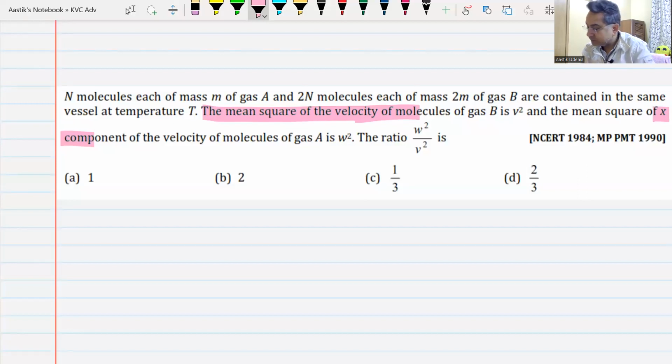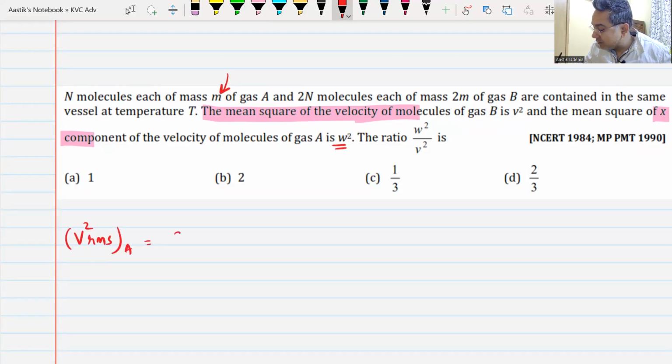So, gas A, the mass of each molecule is m. If I call the X component of its mean square velocity W square, then VRMS square for gas A will be 3 times W square.